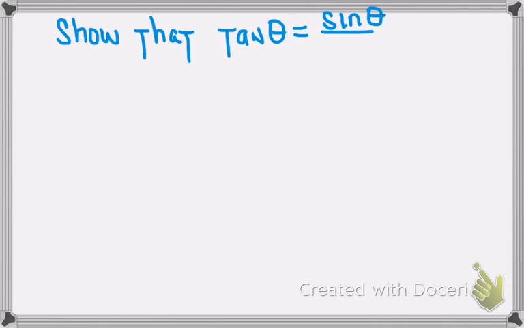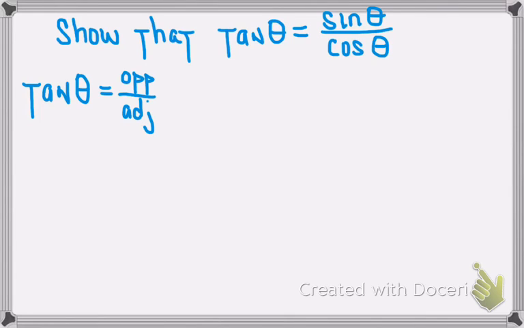All right, and then the last one, for some reason it kept disappearing on my screen, so I decided I'm just going to write it. So I wanted you to prove that the tangent was actually equivalent to the sine over the cosine. So here's what I want you to think. Tangent is actually opposite over adjacent, right? So I'm trying to prove that tangent is equivalent to opposite over adjacent.